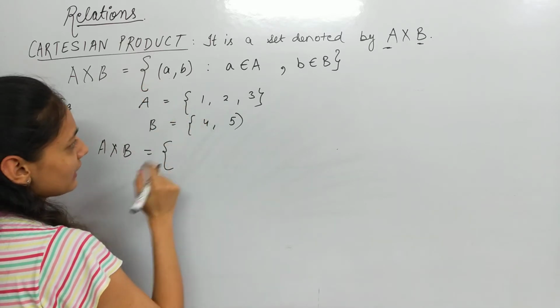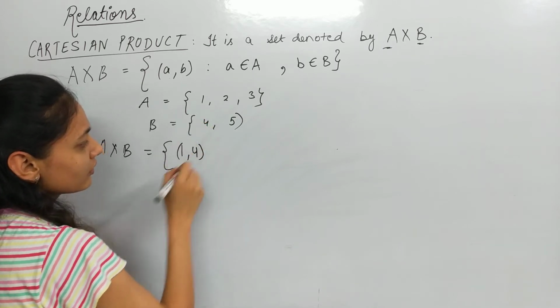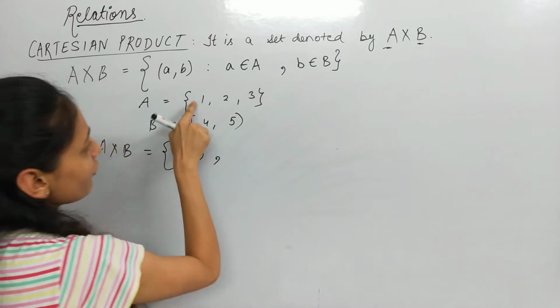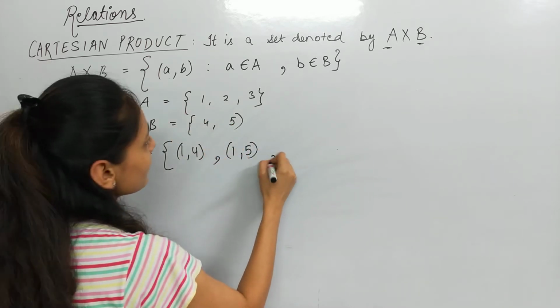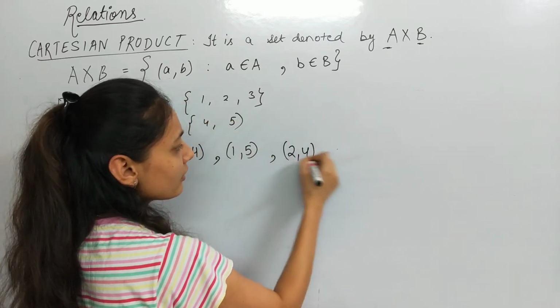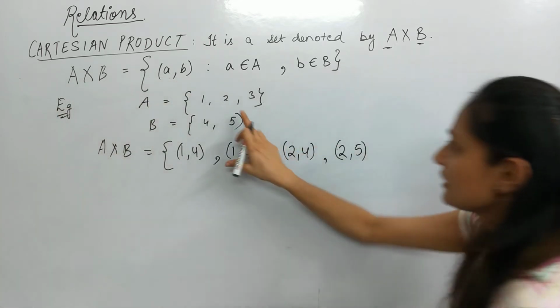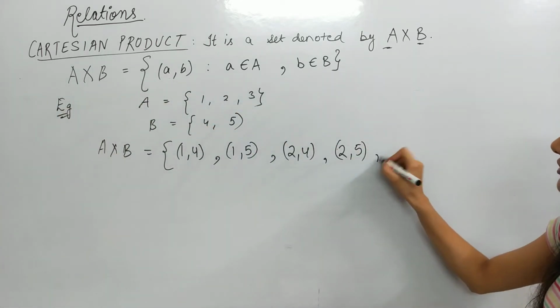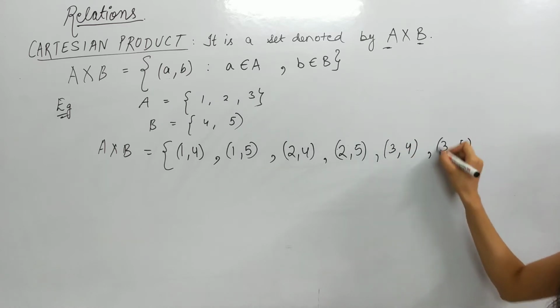First element is from set A, that means (1, 4) or (1, 5). Then first element from the first set, that is (2, 4), then (2, 5). Then first element again (3, 4) and (3, 5).